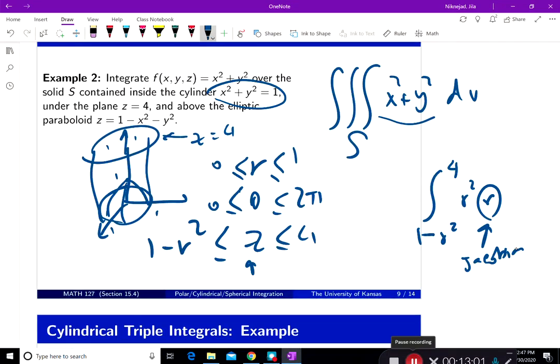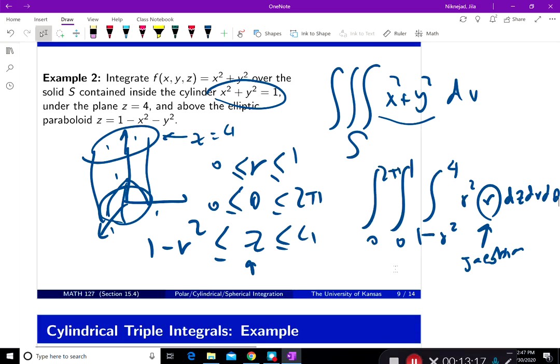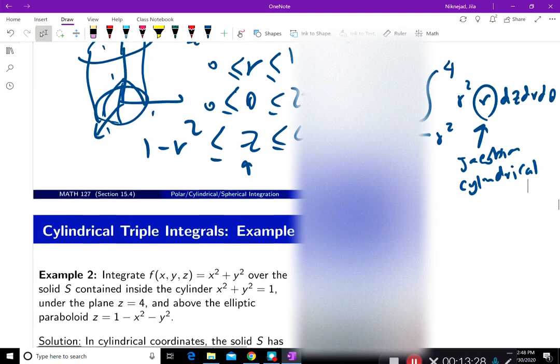So for the example, inside is still dz, then dr is going to run from 0 to 1, d theta is going to run from 0 to 2 pi, and so on and so forth. And then you take the integral from here. Again, this is the Jacobian for cylindrical, and do not forget that Jacobian.